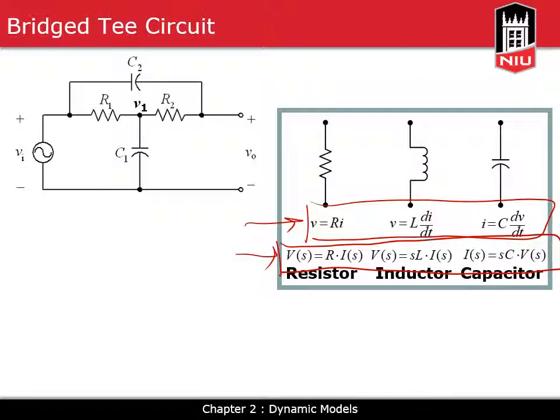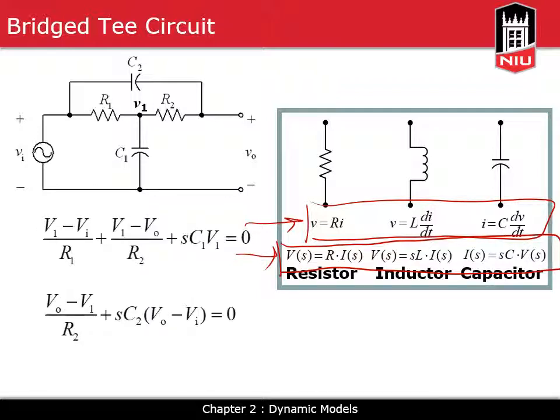So what we can do here is we can actually skip getting the equations in the time domain and then applying the Laplace transform on that. It is easier for some examples, including this one, to first convert your circuit to the S domain and write your equations in the S domain directly.